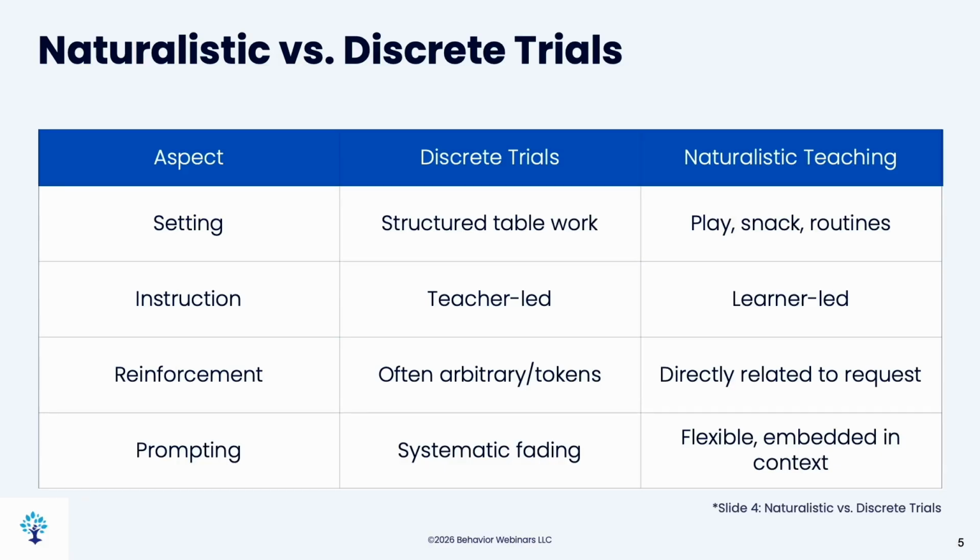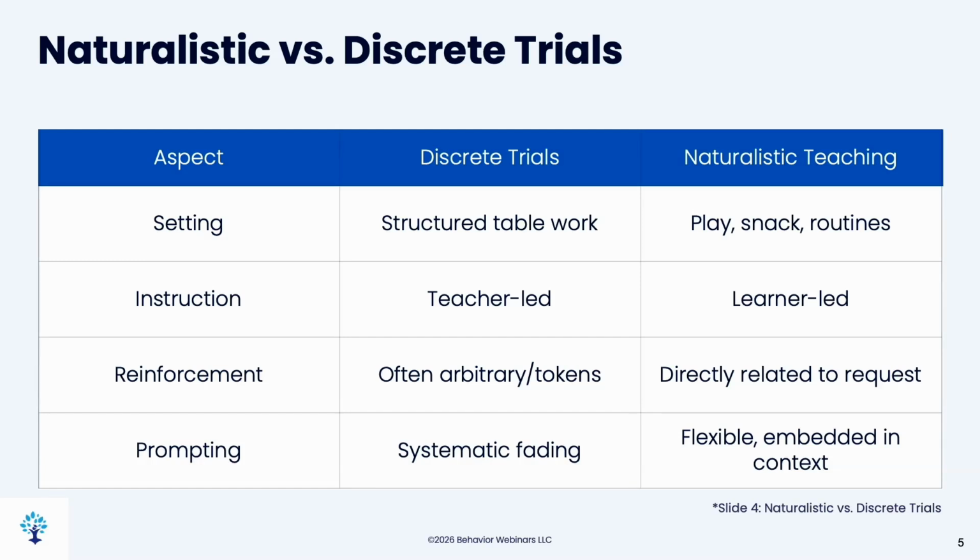This is the difference between naturalistic and discrete. I found that there could be test questions on this. So it's really good that you're very clear on these different things. So the setting, typically discrete trials, we're going to have structured table work, and then naturalistic teaching can be anything, but it would be within the snacks, within the play, within the routines.